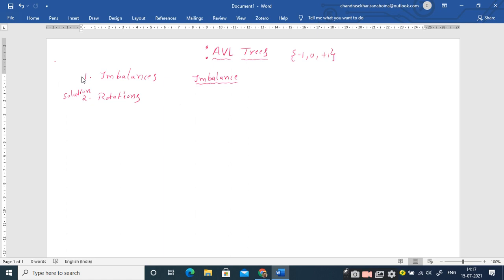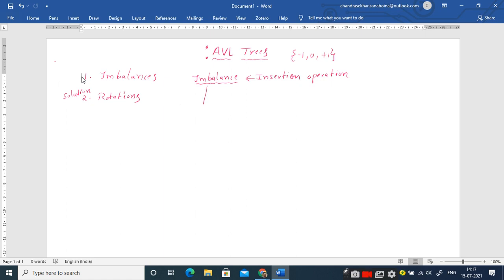Right. So this imbalance may happen during the insertion operation.